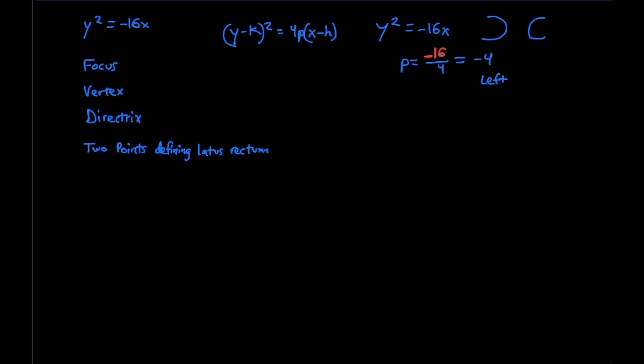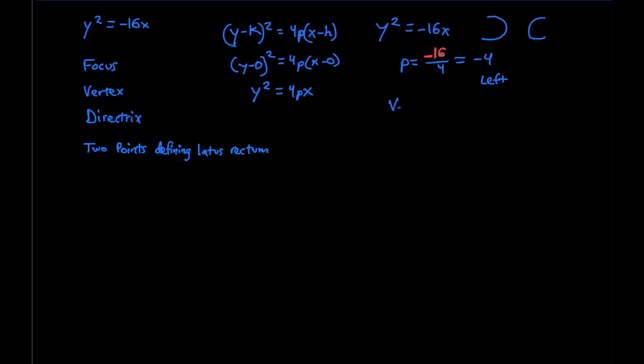That means that it's this kind where the k is a 0 and the h is also a 0. So it's simplified to this, where it just had y squared equals 4px. And so in that case, if you don't see numbers in parentheses with the x or the y, that means both of them are zeros.